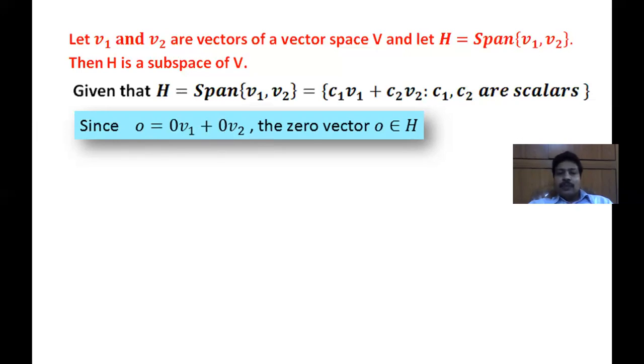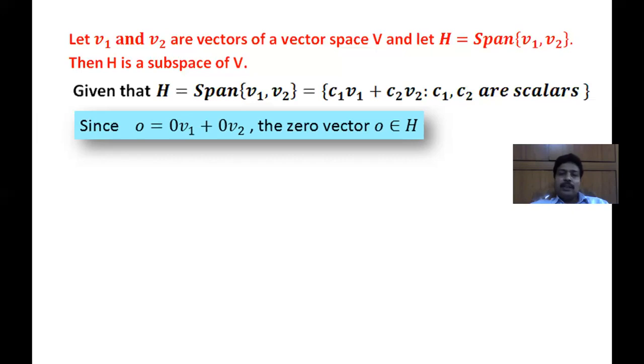So zero vector O can be written as a linear combination of V1 and V2. Linear combination is nothing but the form C1 V1 plus C2 V2.